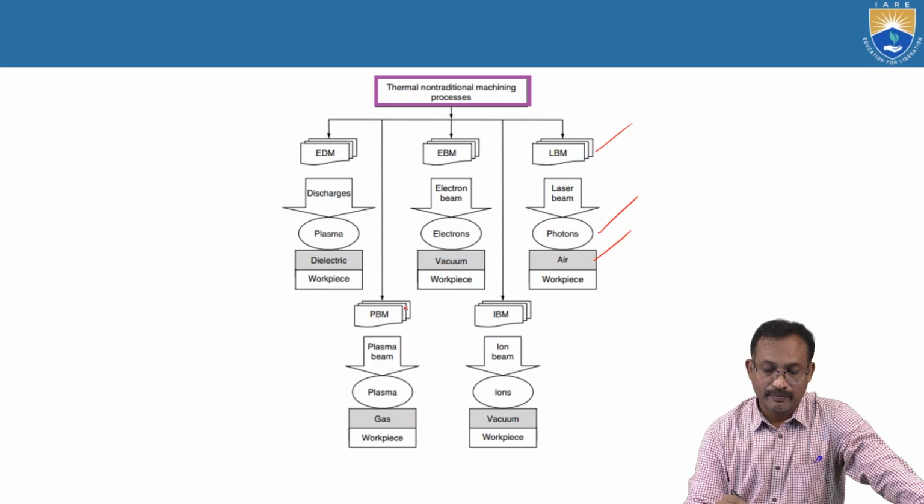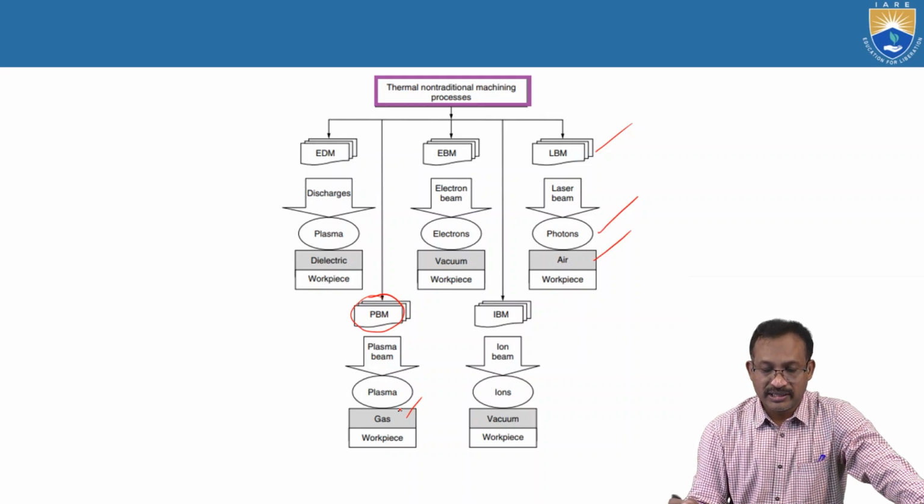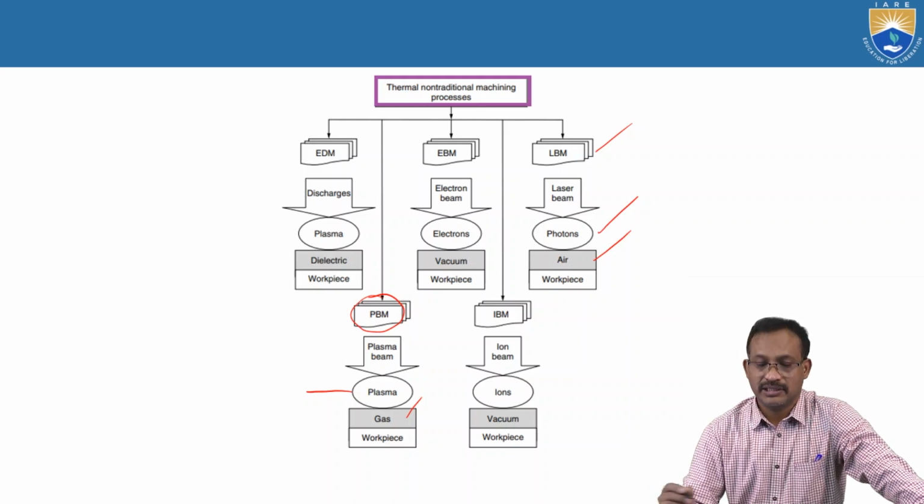Next, plasma beam machining. Here a gas, nitrogen or sometimes a combination of nitrogen and oxygen, is used as the medium, and the tool action is by plasma. The plasma strikes the workpiece through gas so that the material removal takes place.